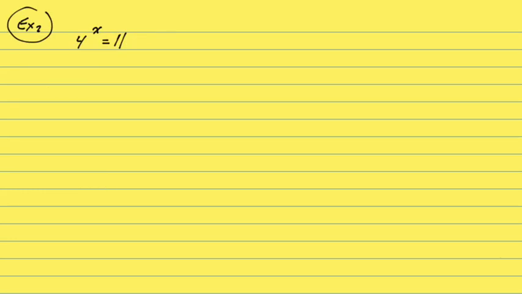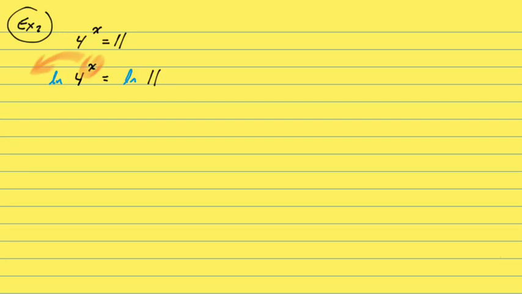Okay, example 2. You really need to pay attention to this and listen. Is the variable that I'm trying to solve for in the exponent? The answer is yes. So if you're trying to solve for a variable that's in the exponent, you're going to have to consider logging both sides. I use natural log because it's convenient and it's probably the most useful one. There's a property that allows me to pull the exponent out front, right?